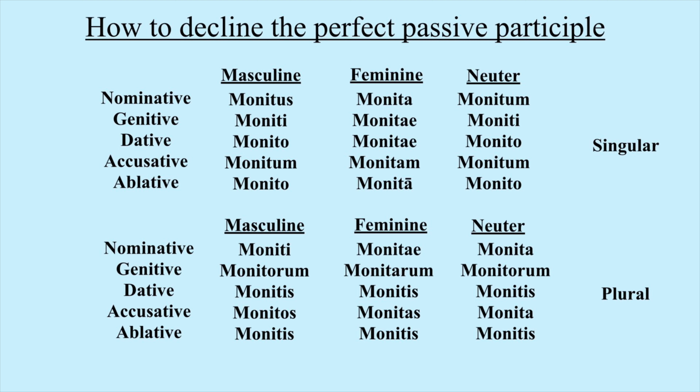So monitus, i, o, moniti, orum, is, os, is, monita, ae, a, arum, is, as, is, monitum, i, o, monita, orum, is, a, is. Let's do a couple more sentences for practice.